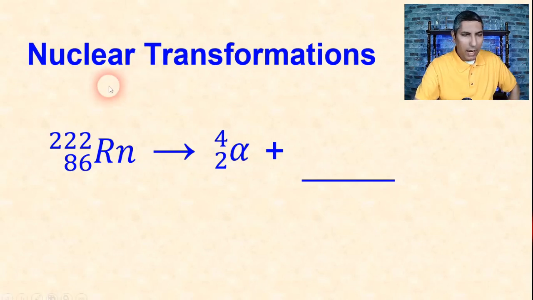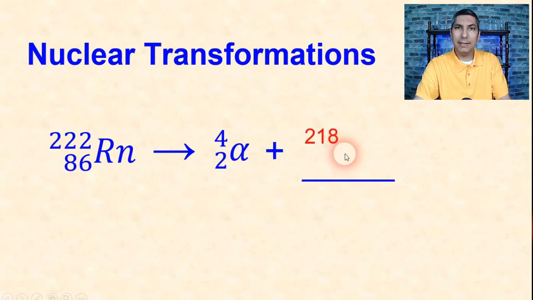So on top, on the left side, we have a 222. So that means that on the right side, it also has to add up to 222. Well, there's a 4 right here. So to figure out the missing number, we just subtract 222 minus 4. And so that means that the missing number on top is 218. So this is just simple subtraction, basically, to solve for the missing number.